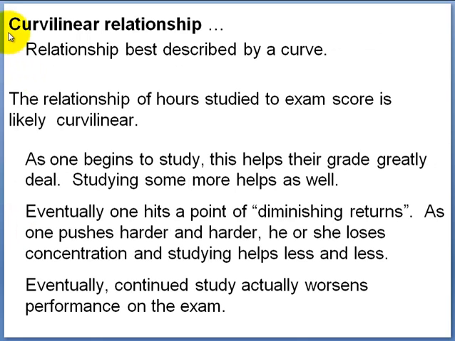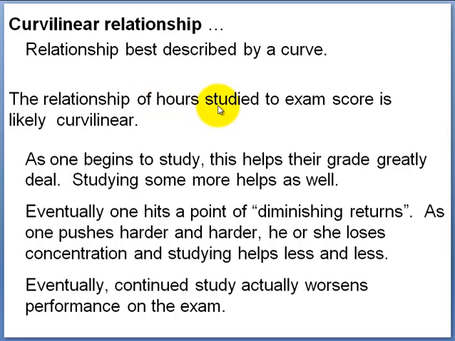The two variables would not have a linear association, but it is possible that R could be 0 and the two variables would have a nonlinear association. The key way in which variables might be related in nonlinear fashion is curvilinear relationship. So curvilinear relationship is relationship that is best described by a curve. So let's think through an example of a relationship that might be curvilinear.